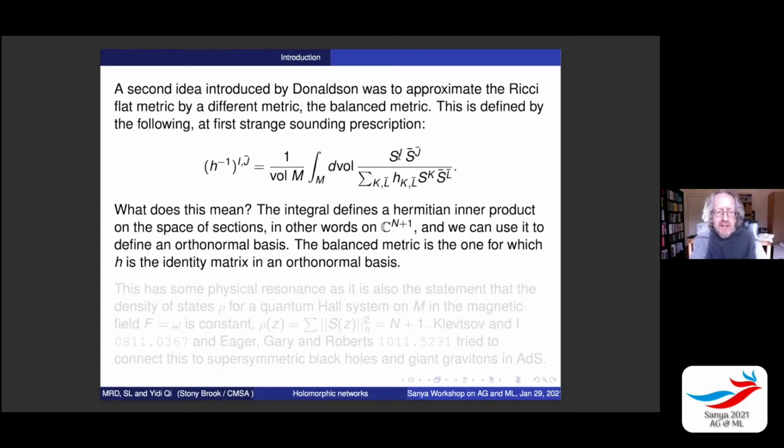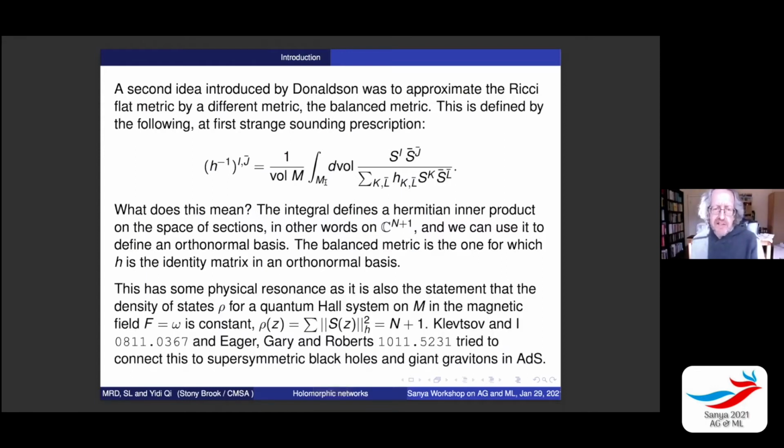And then essentially the balanced metric is the one for which the inner product that you get from this calculation, computing an inner product on M, agrees with the inner product that you've postulated to define the Fubini-Study metric. So that's what this condition is.